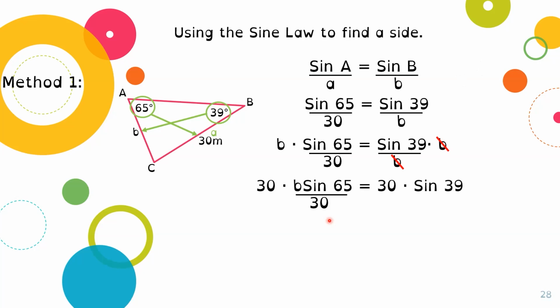Now we're going to multiply both sides by 30 in order to cancel off the divided by 30.